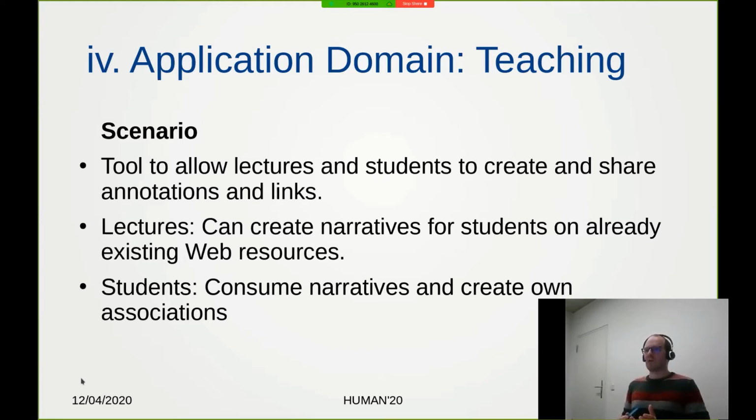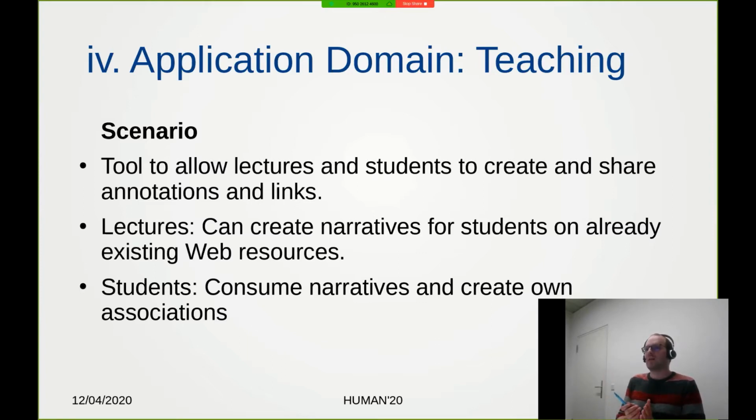First, in the scenario of lectures and teaching. So we want to create a tool that allows lecturers and students to create and share annotations and links. Lecturers, for example, can create narratives. So we have a whole bunch of web resources if we teach good stuff that's not created by us, but by others. For example, YouTube videos or wiki pages or tutorials that are in some text resource.